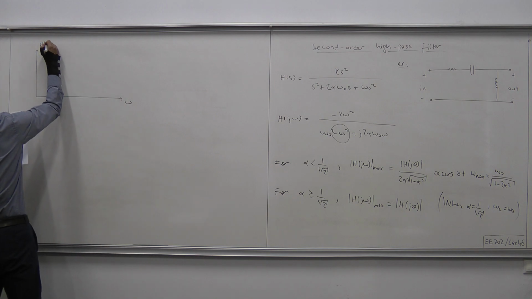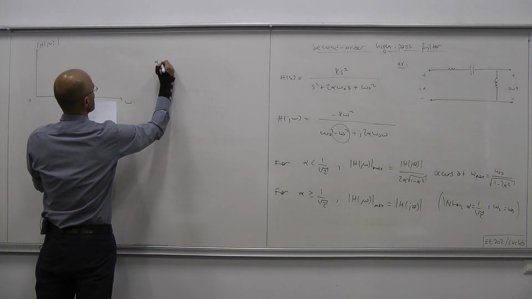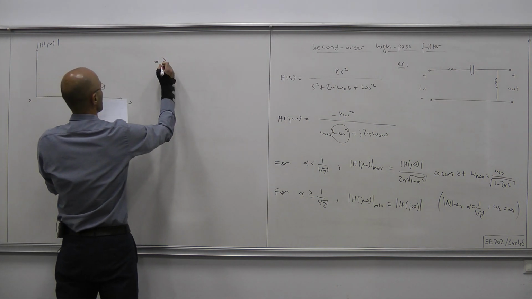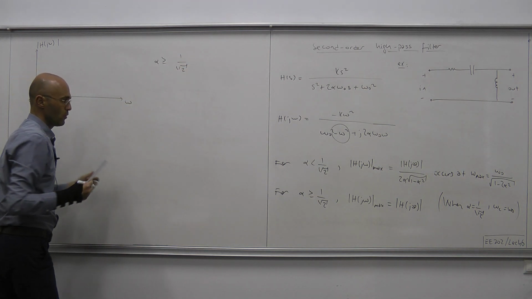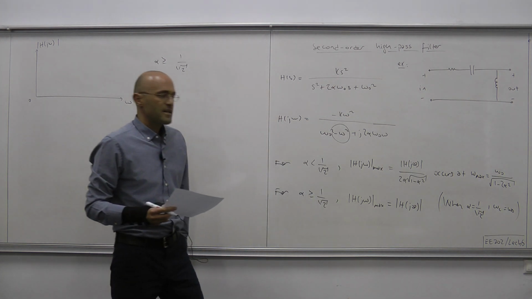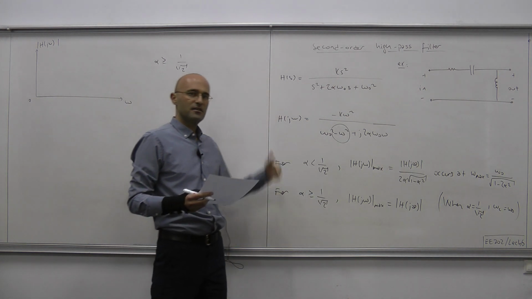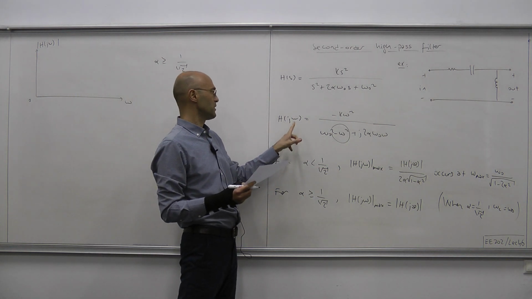Omega, |H(j omega)|, the magnitude. Okay, so this is for alpha greater than or equal to 1 over square root of 2. So when alpha is large, the maximum is attained at infinity and the shape is monotonic. When omega equals 0, the gain is 0.